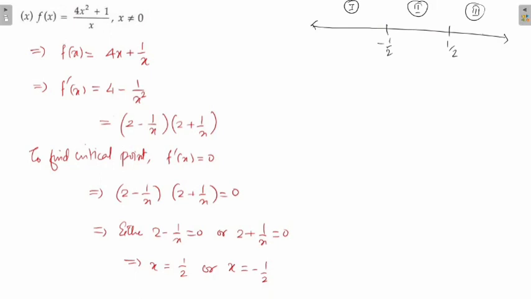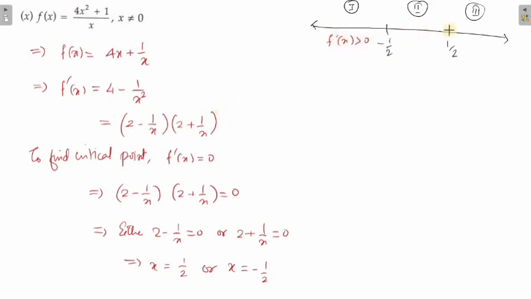Now let's see what's happening here. Take any value in region 1, for example 1. Then 2 minus 1 is 1, and 2 plus 1 is 3. So positive into positive is positive, so f dash of x is going to be positive.